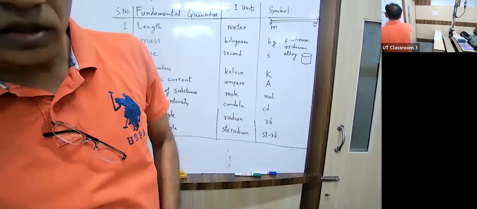So distance is a scalar quantity. And what do you mean by scalar? It has magnitude only, no direction.